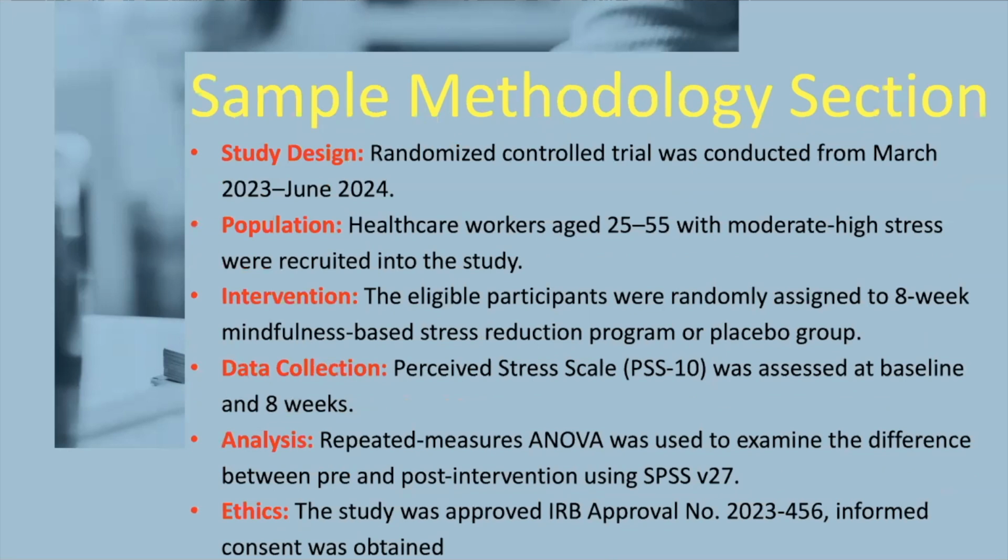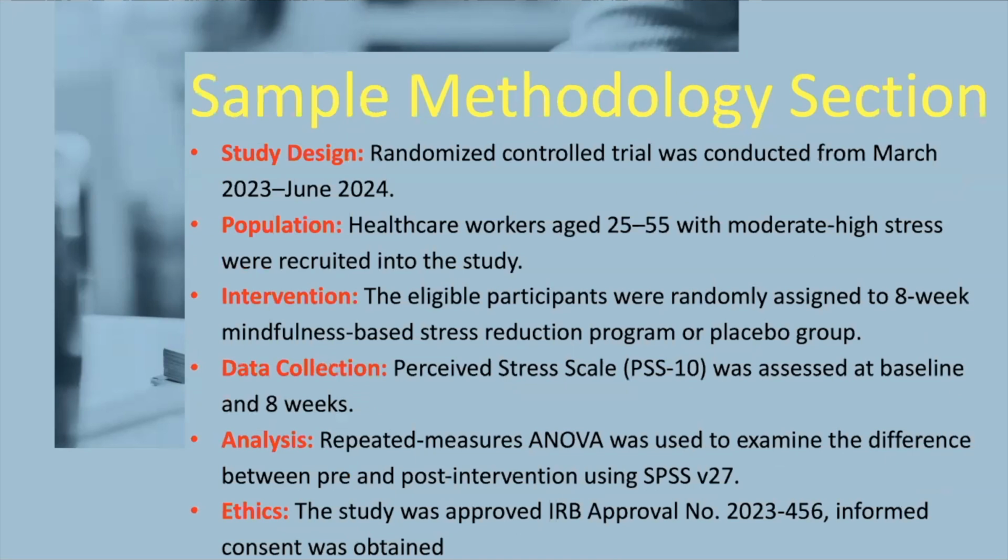Study design: randomized controlled trial conducted from March 2023 through June 2024. Population: healthcare workers aged 25 to 55 with moderate to high stress were recruited into the study. Intervention: participants were assigned randomly to an 8-week mindfulness-based stress reduction program or a placebo group.